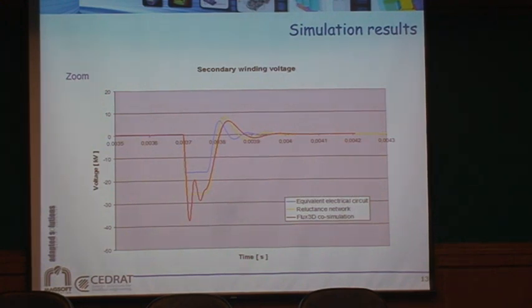Speed or accurate result. If you look at this here, you probably have a good estimate of the total energy. This one, not at all. But this one, if you do the integral under this curve, maybe it's pretty close to this one. However, you don't get the peak voltage. Okay? So it really depends on what you're interested in. But what you can say is that the reluctance network is definitely a very good solution.